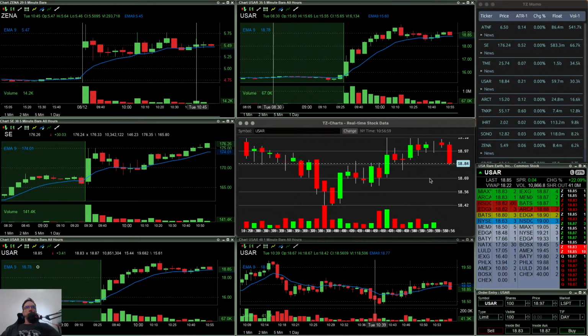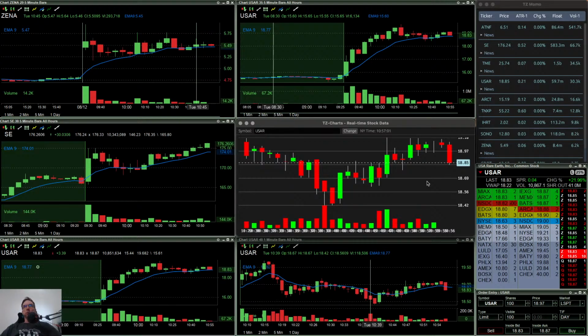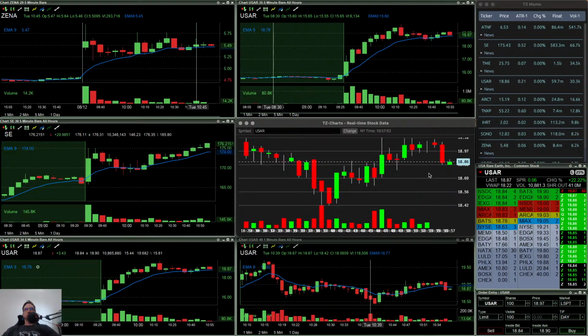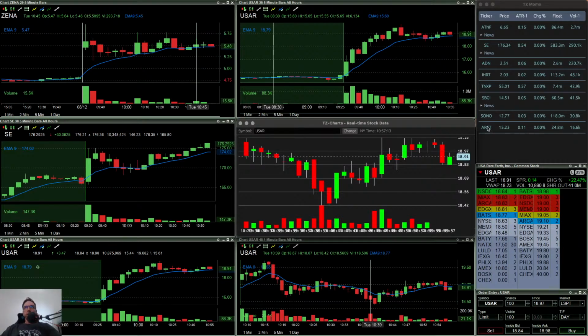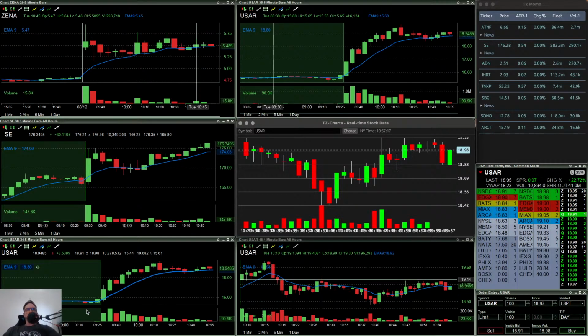USAR kind of dumping, ain't it? I need to put the EMA in there, but I need to do that after I fix the volume. So this is what I need to do. I need to fix the TZ Momo, so it goes off of the pre-market, because that would have been nice. I would have made some pretty decent trade on that.